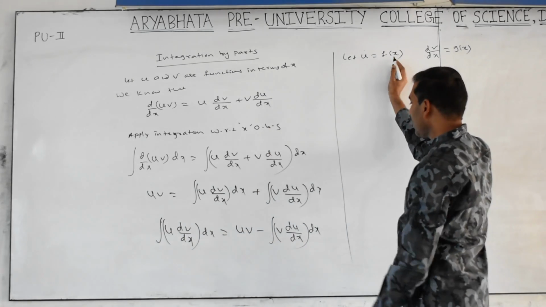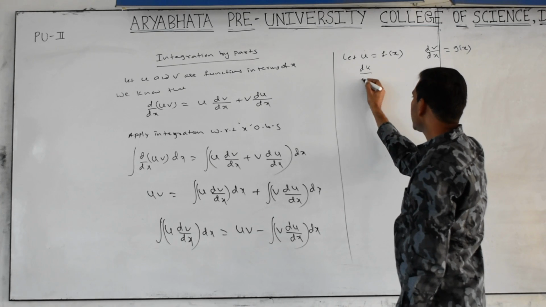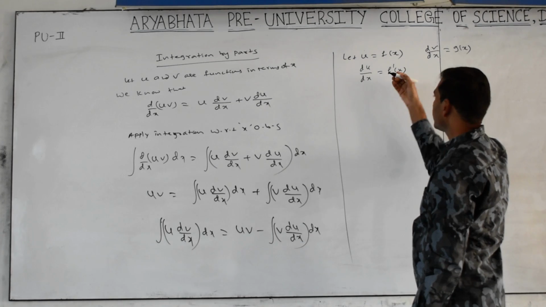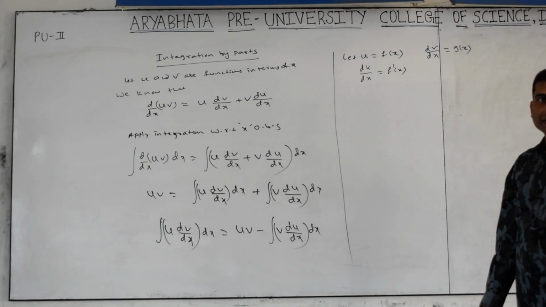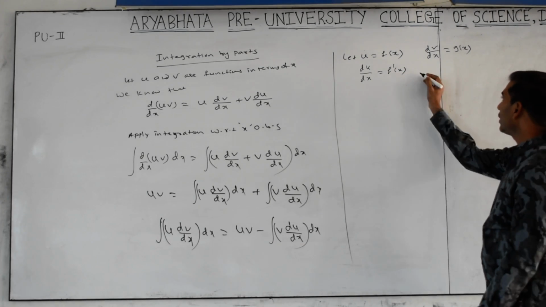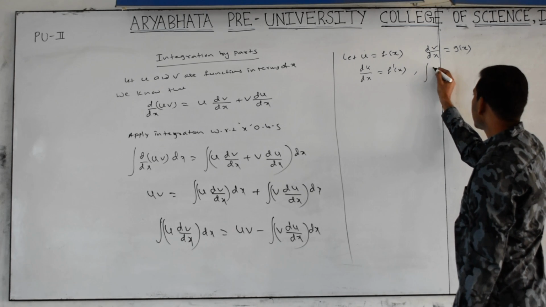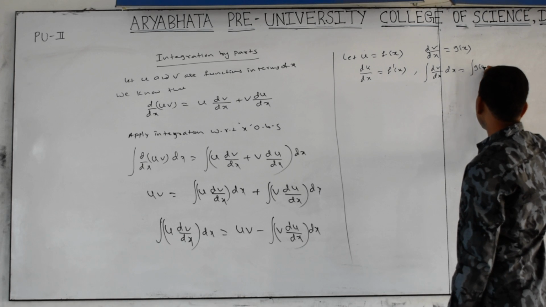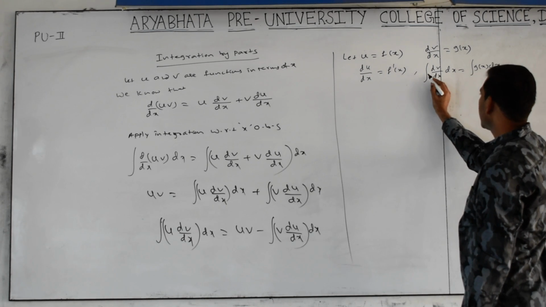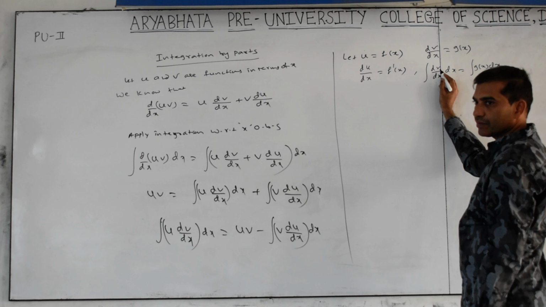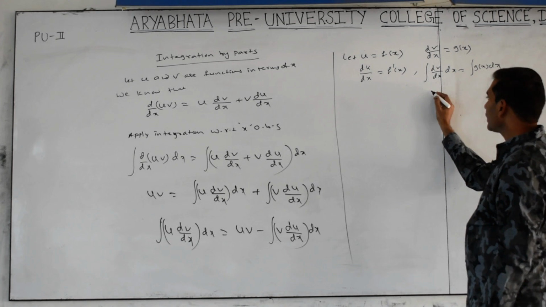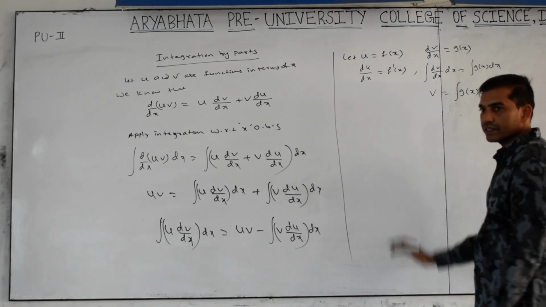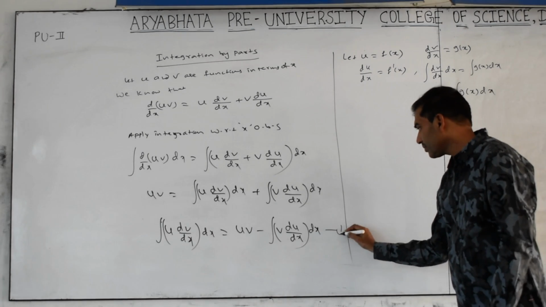If u equals f of x, then du by dx equals f dash x, which means d by dx of f of x. What about integration? Integration of dv by dx equals integration of g of x dx, so v equals integration of g of x dx. This is 1.